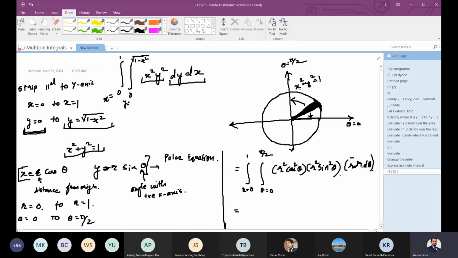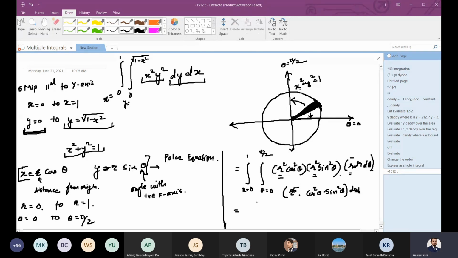Now I want to solve this integration. r square, r square, r, so r raised to 5. You can see that this integrand can be combined as r raised to 5 cos square theta sin square theta dr d theta. Lower limits and upper limits are constant.